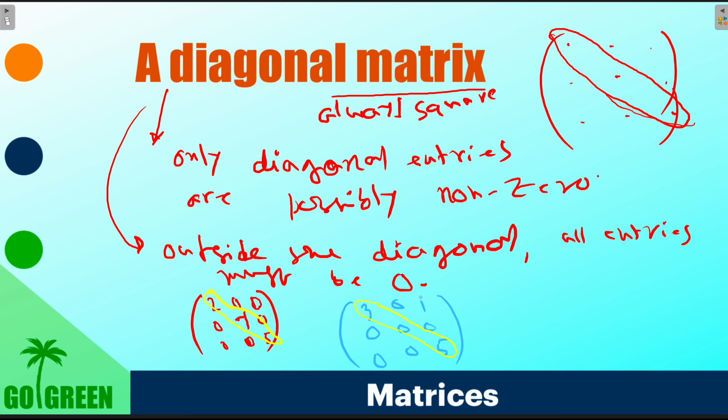This one is not zero, right? So this matrix cannot be diagonal. So basically you mark the diagonal, and if outside the diagonal there are all zeros, then it is a diagonal matrix. Otherwise, if there is at least one non-zero, that cannot be a diagonal matrix. That is all about diagonal matrix.